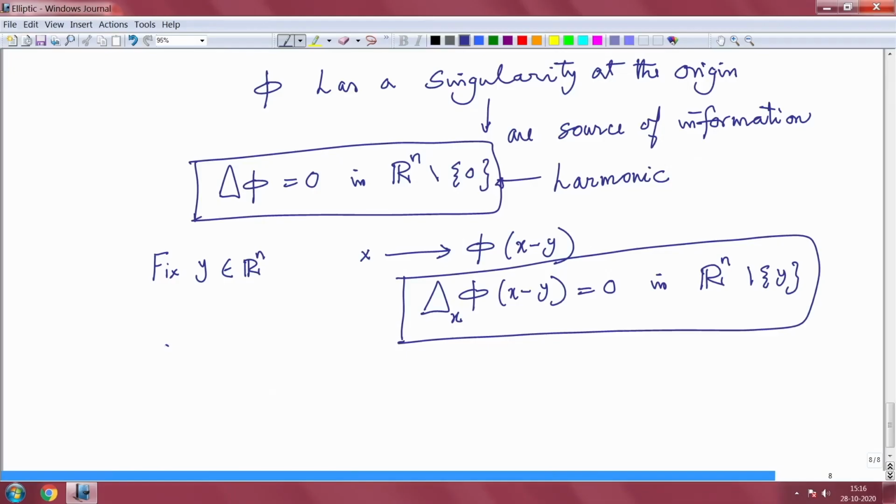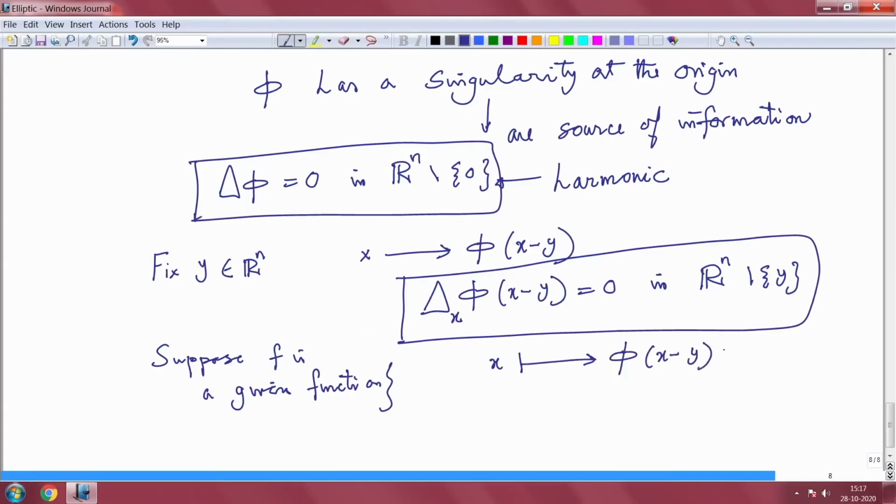Suppose f is a given function. Then look at this function x going to phi of x minus y times f of y, where f of y is a constant now. It is a reaction of phi, not really acting on that, it is a product; you will see the action later.